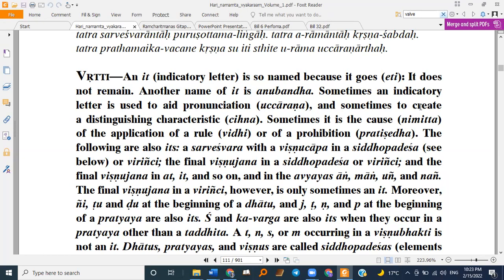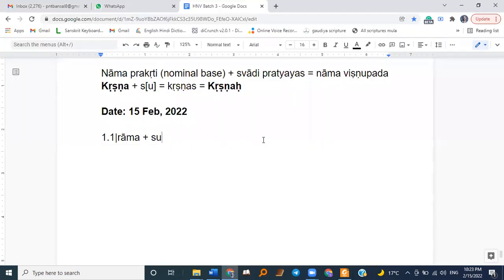And sometimes it is added to create a distinguishing characteristic, chihna. For example, look at the 1.3 and 2.3 pratyayas. 1.3 is jas, right? And 2.3 is shas. Am I right? Jas and shas.